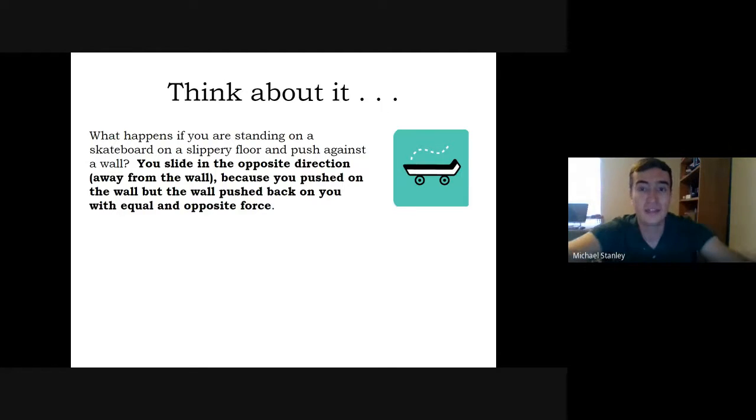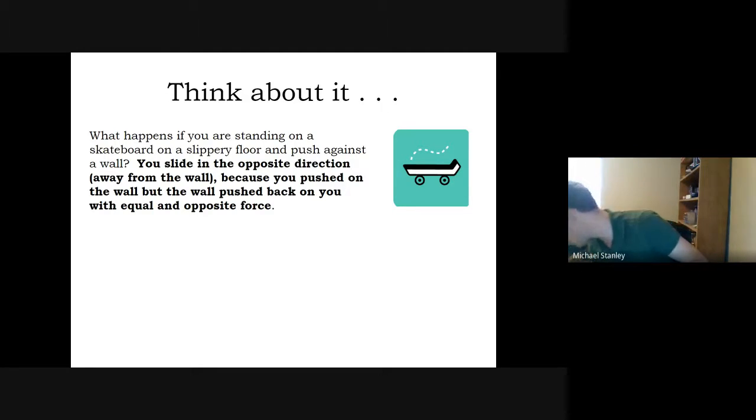But if I pushed towards you on my computer, I would be pushed backwards. And if my dog was laying right behind me, I could push against my desk forward, and my chair would roll backwards, all due to that third law of motion. As I push against the desk, it's pushing back on me, and that's what's causing me to roll backwards. Or as you're on a skateboard, when you push against the wall, it pushes back against you, and you'll roll in the opposite direction.